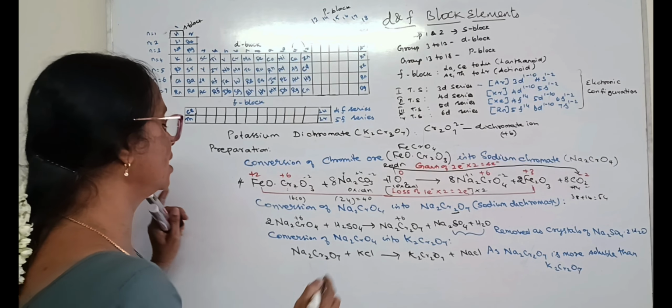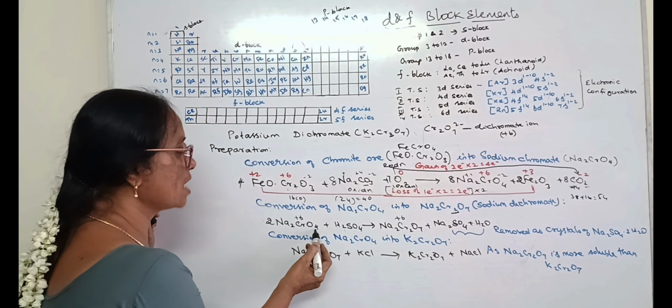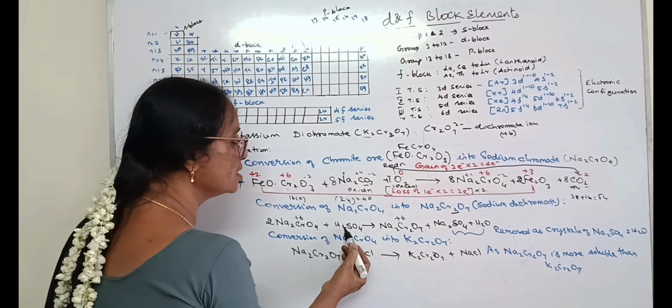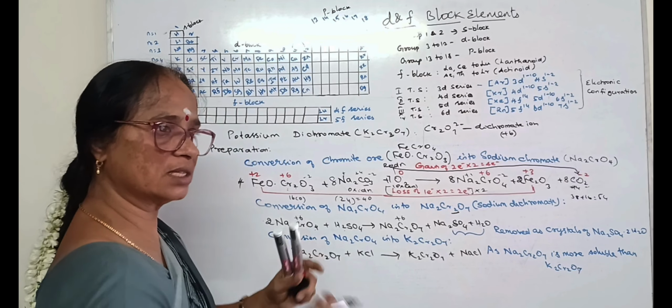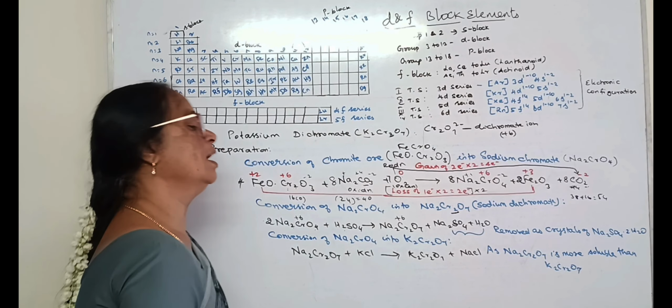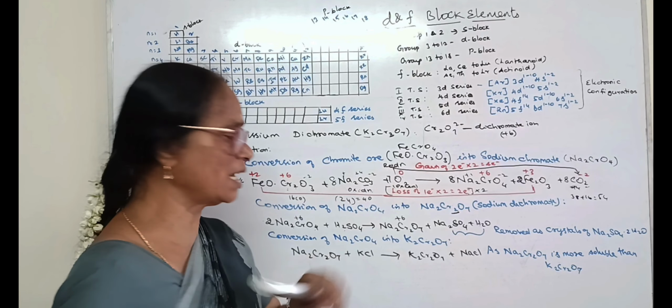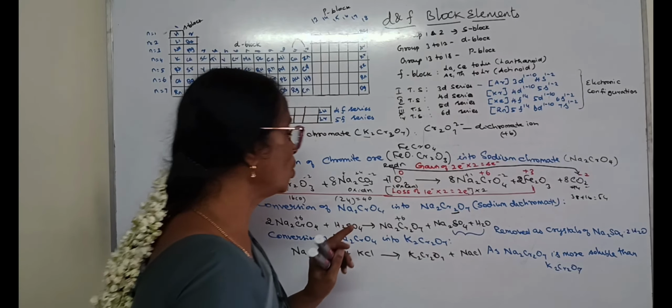Now oxygen atoms: 2 4s are 8 oxygen, 7 over here. So the remaining 1 oxygen with the hydrogen makes water. So the equation gets balanced.